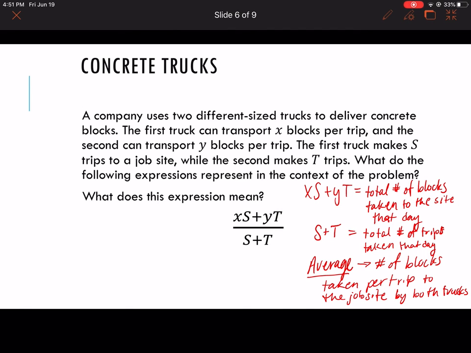So you take the total amount of blocks by the total amount of trips, and you get an average number of blocks taken per trip.